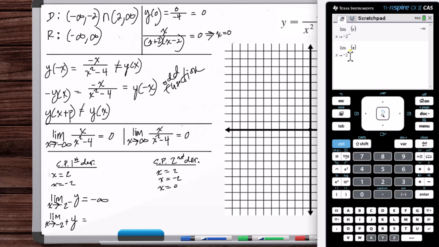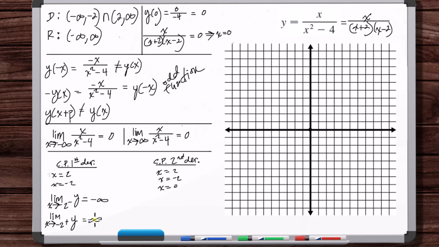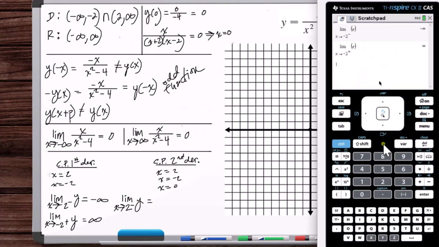Okay, now from the right is positive infinity. Okay, the limit as x approaches minus 2 from the left is negative infinity.